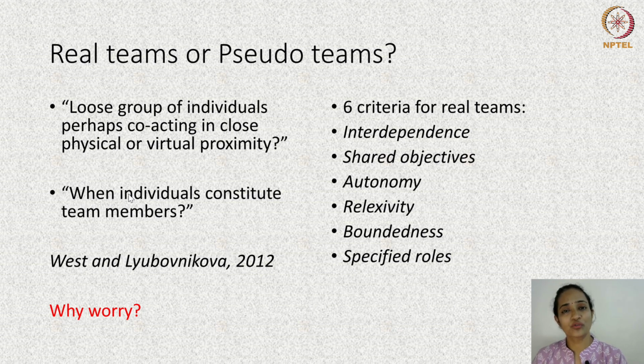So, when this question was asked, many practitioners turned around and said, why worry? Potato, potahto, what difference does it make? Well, let's take the potato itself. If you wanted, say, potato masala curry, then I cannot hand you a potato and an onion and say, here goes your masala curry. You would have certain expectations about how the curry should taste and how it should look and how it should smell.